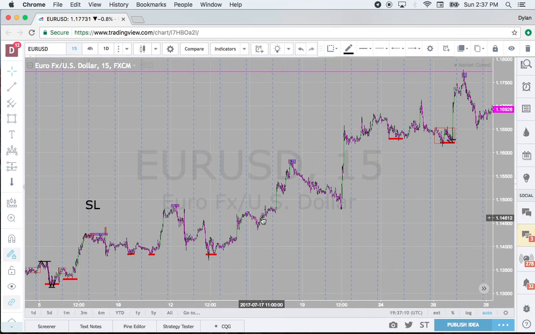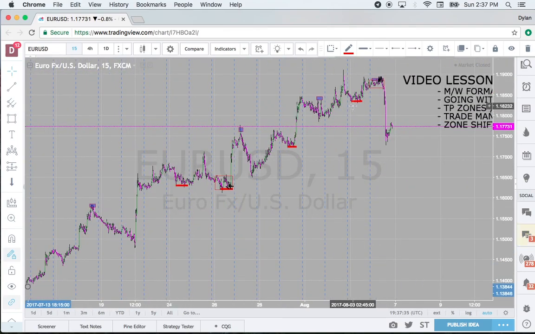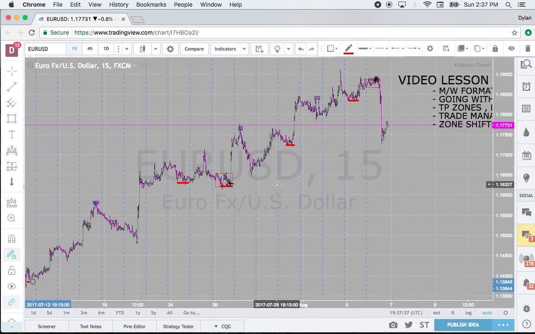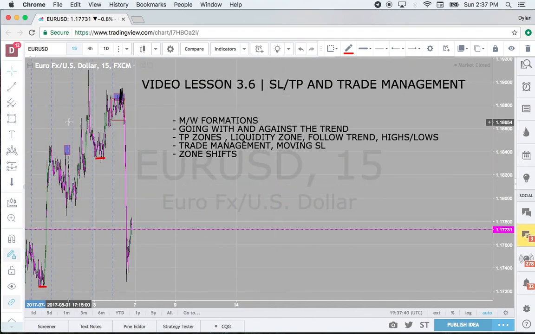But what I advise to you, if you are swing trading with the trend and you are taking these red line trades here, place your stop loss at break even and then just go with it. Go with the trend as long as possible until you see a large consolidation area.